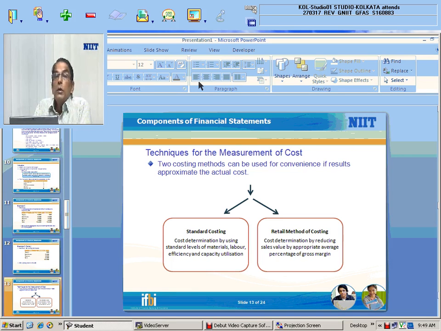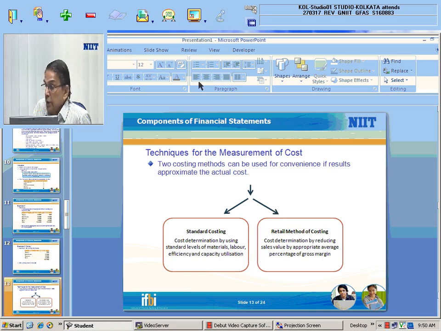So if you know, from sale of this particular item I am getting a gross margin of, let's say, 15%, then for determination of the cost of the unsold inventory as on the reporting date, from the sales value of 100 rupees, and 15% is the average gross margin you get on that particular commodity or product, then 85 rupees will be taken as the cost.